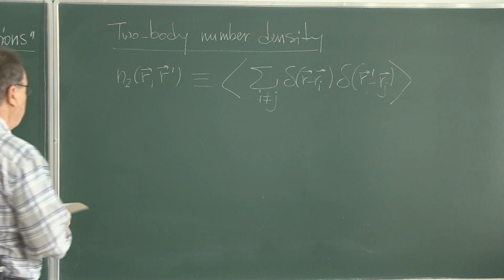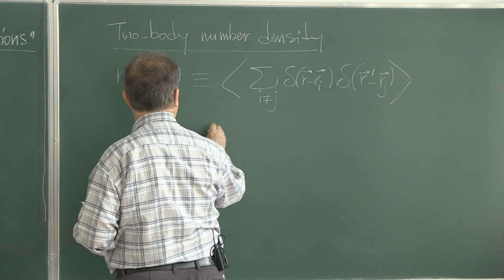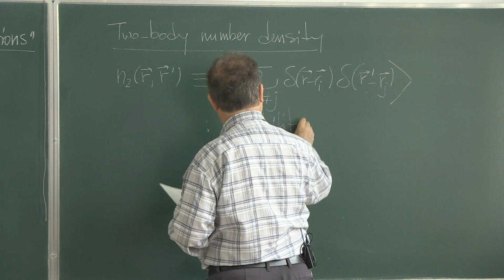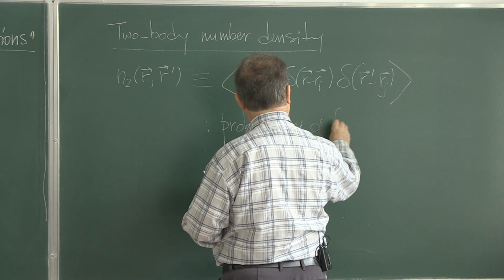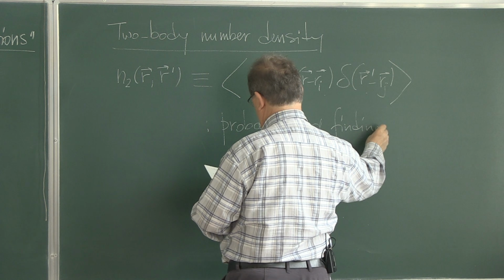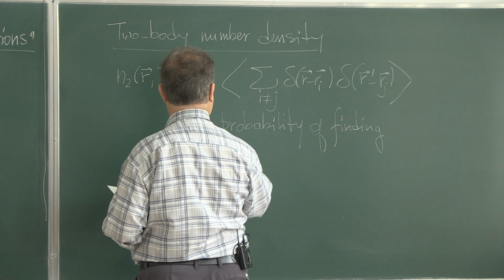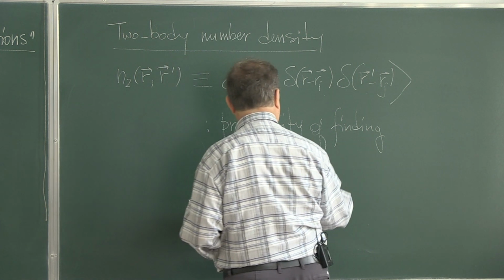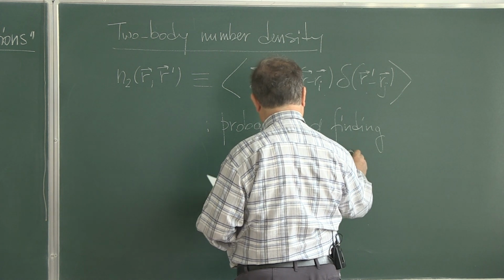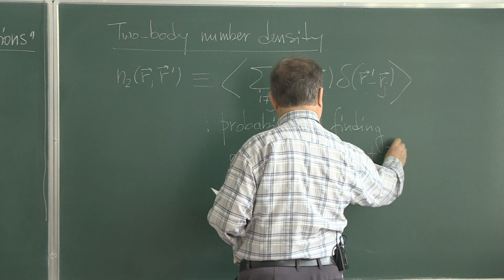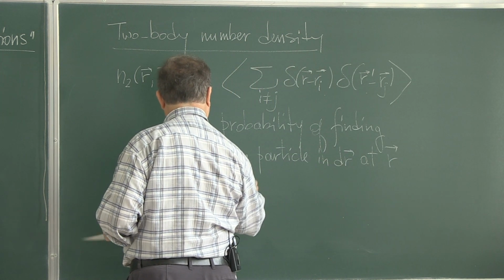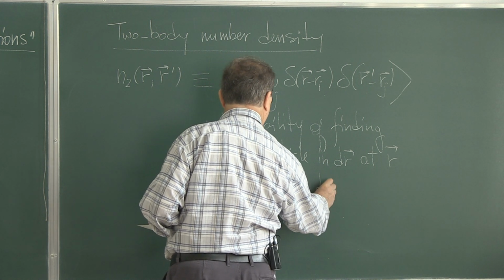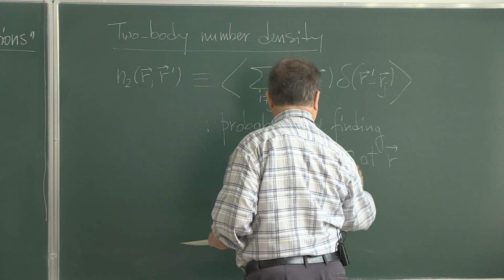So this is a measure of probability of finding one particle in volume dR at R, another in dR prime at R prime.